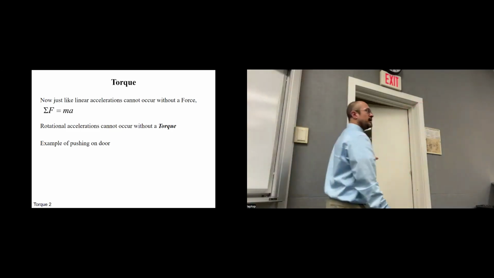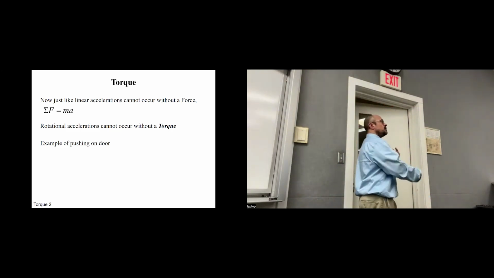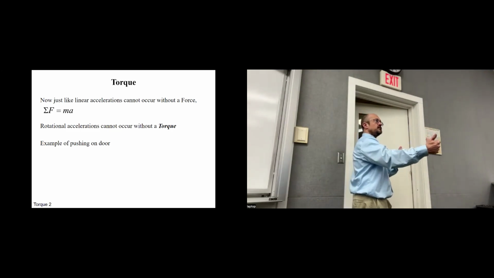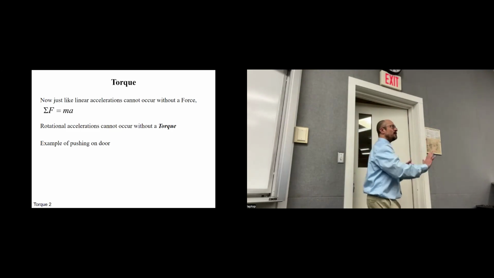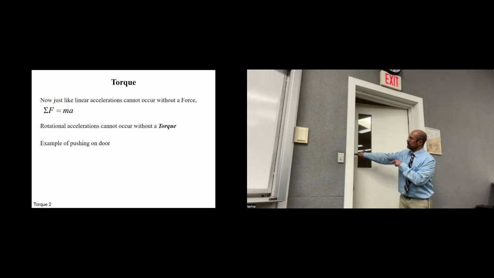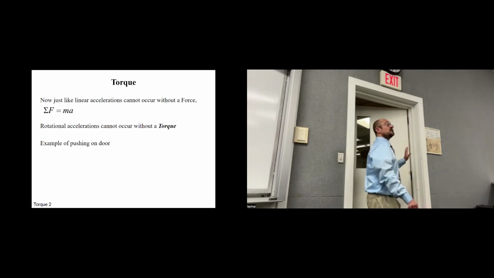Now the last one isn't related to the hardness of my push, but kind of how did I push? So the how has two parts: the strength of the push and the angle at which I apply it. So if I come in here with a glancing blow and I'm pushing at some angle into the door, it's not as effective as if I plant my hand at a right angle to the door. So the angle of application is important.